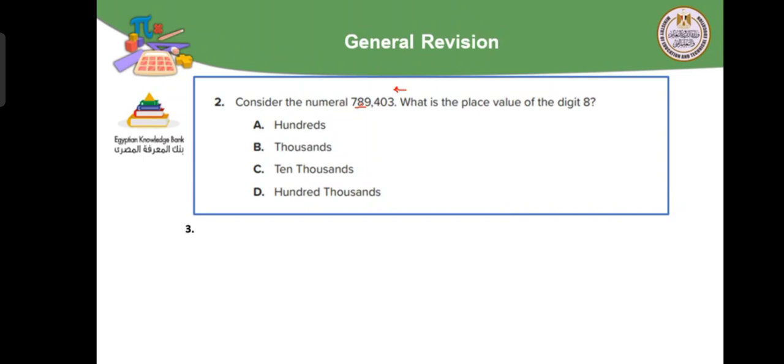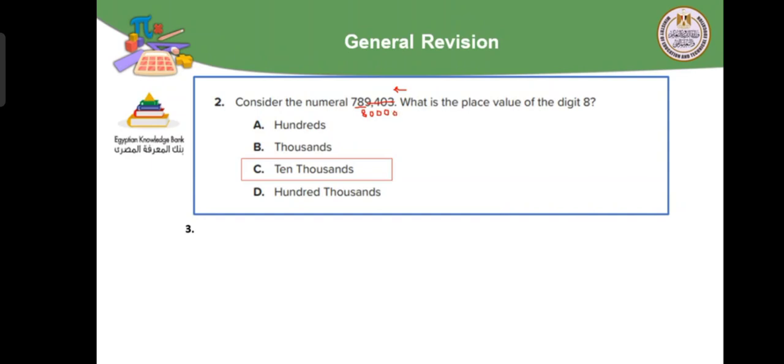So its place value will be, excellent, 10,000. Okay, but its value, remember I put 8, then all the digits after 8 will be 0, if he asks about the value of digit 8.